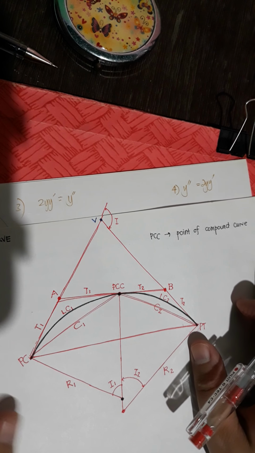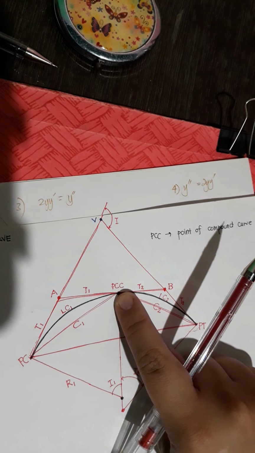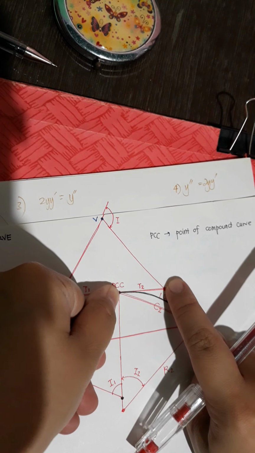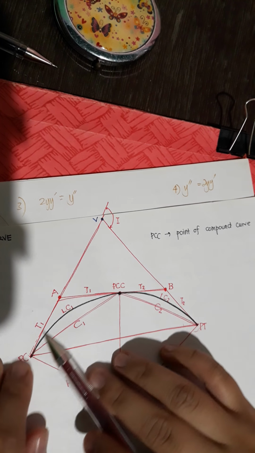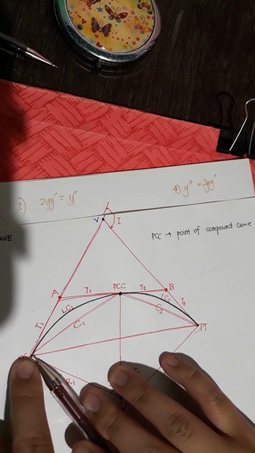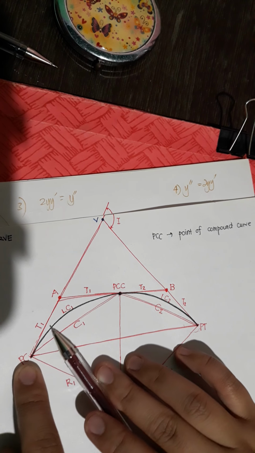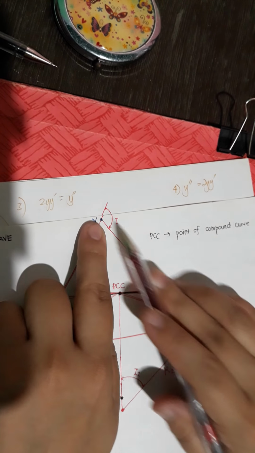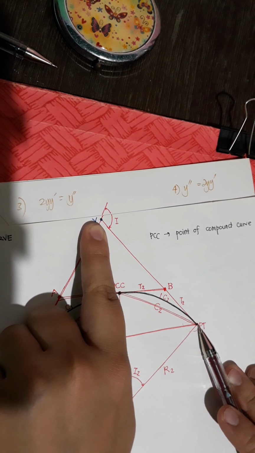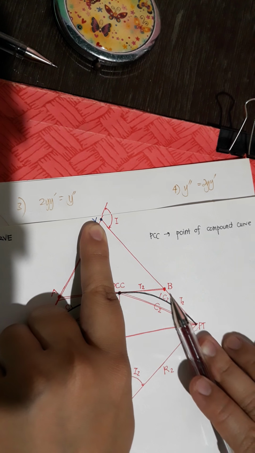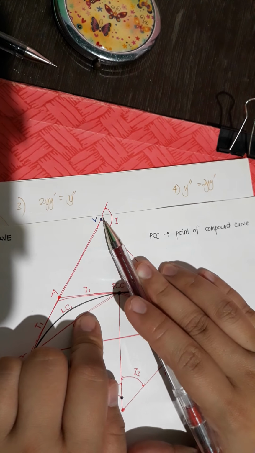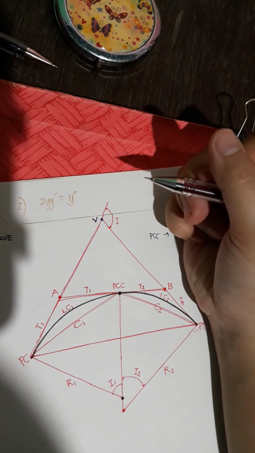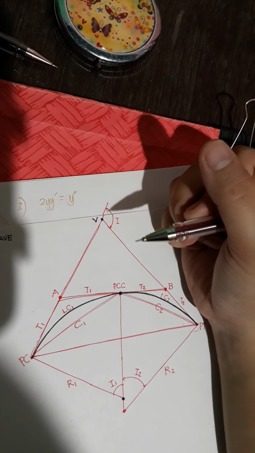Next. Now, this is T1, tangent of the first curve, and tangent of the second curve. From PC, we have the first tangent. If we extend that line, and the second tangent to PT, if we extend that line, there is a point of intersection. So this V now is the vertex or the point of intersection of the compound curve.